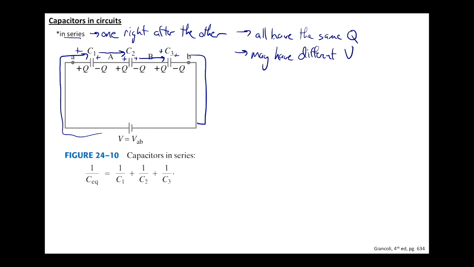How come they have different potential difference? We'll look at how they're wired and the fact that we have different conductors. So there's one conductor that's over here on the left side, and a different conductor that is connected between capacitor 1 and capacitor 2. And then there's another conductor that's connecting capacitor 2 and capacitor 3.